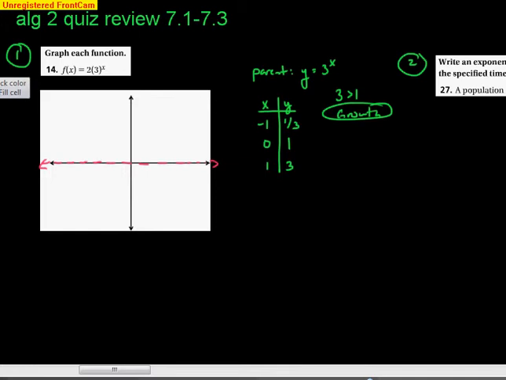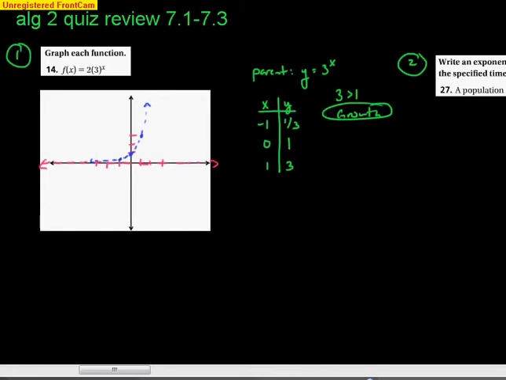And then here I'm going to mark 3: 1, 2, 3. 1, 2, 3. 1, 2, 3. And I'll plot my graph, and I'll do it in blue dots. So -1, 1/3 is here. 0, 1 is here. 1, 3 is here. And in blue dotted, that is the parent function.